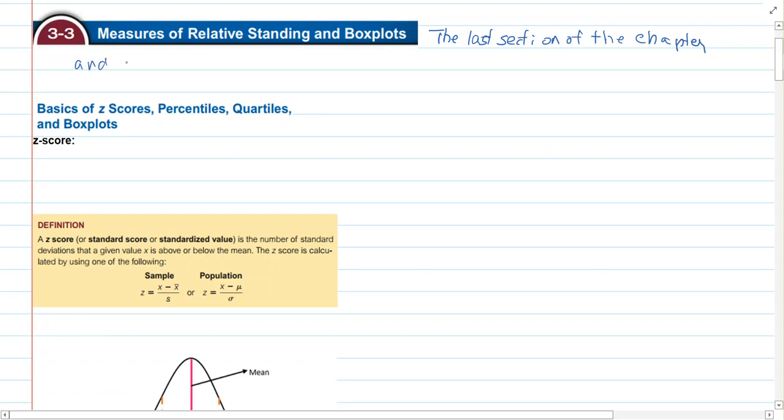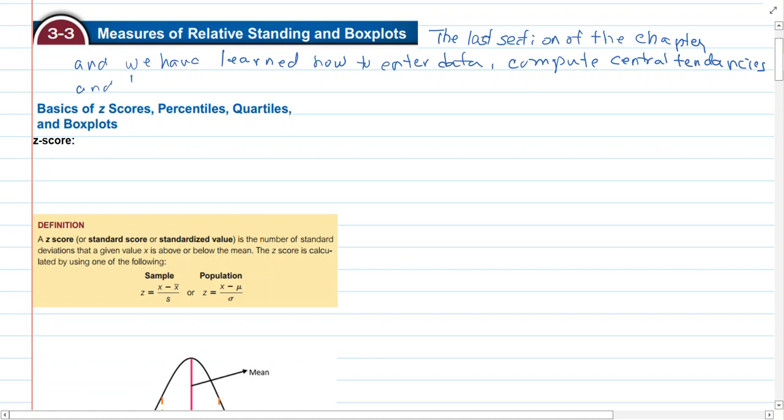And we have learned how to enter data, compute central tendencies, and found many measuring principles to analyze the data.